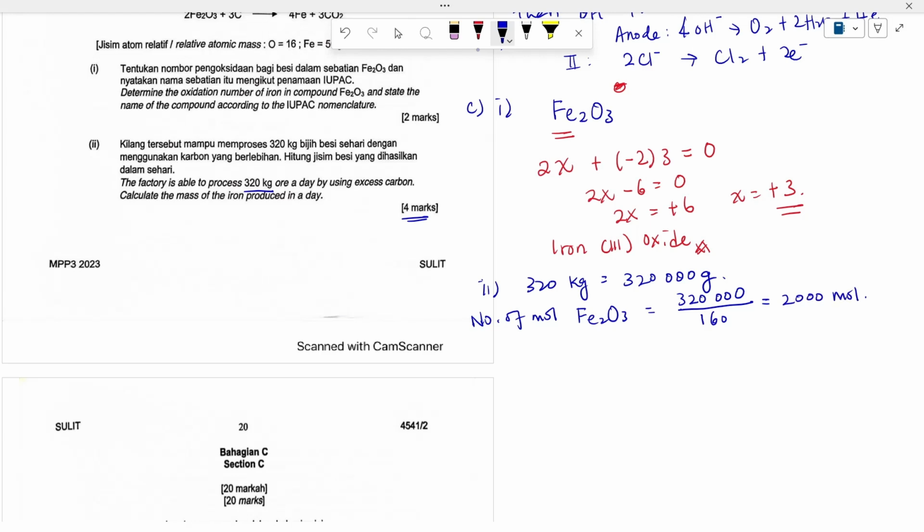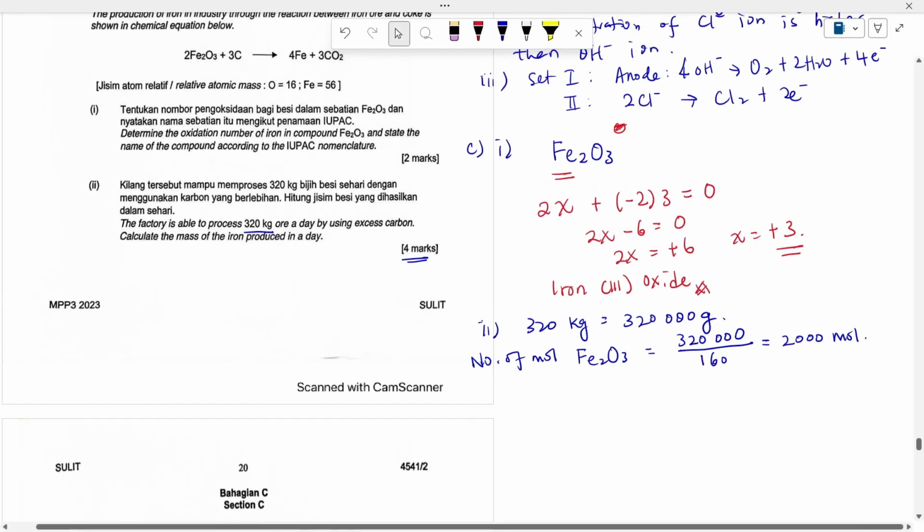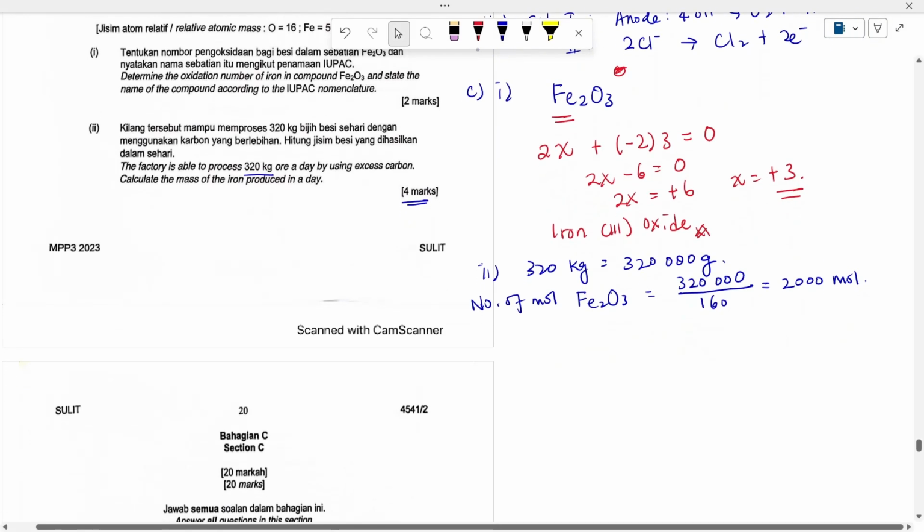Okay, 2000 mole. Let's see the mole ratio.